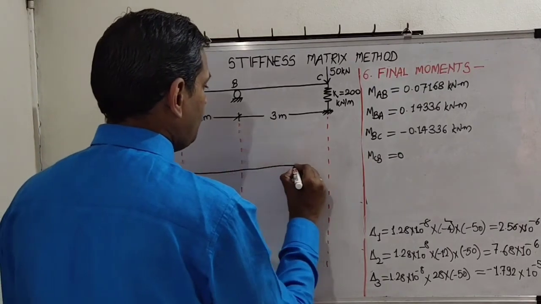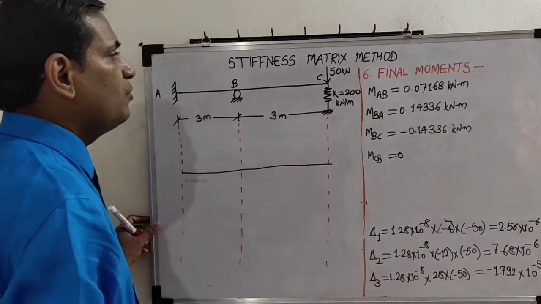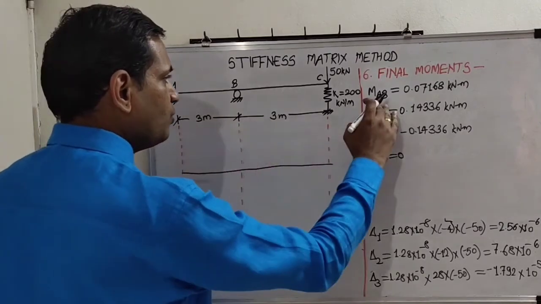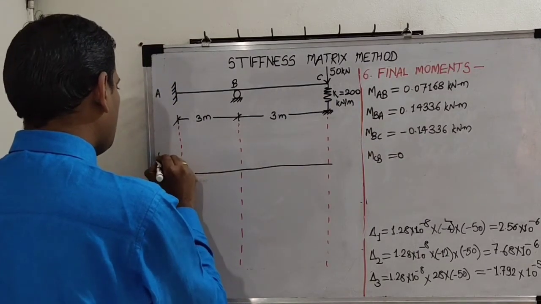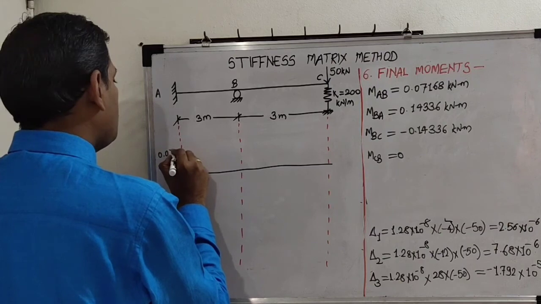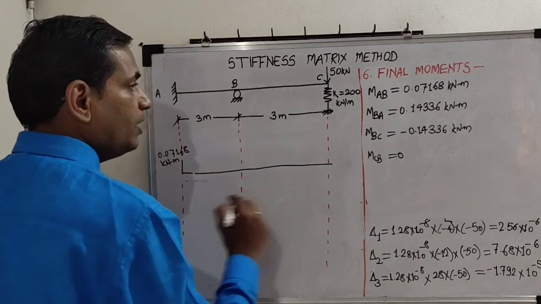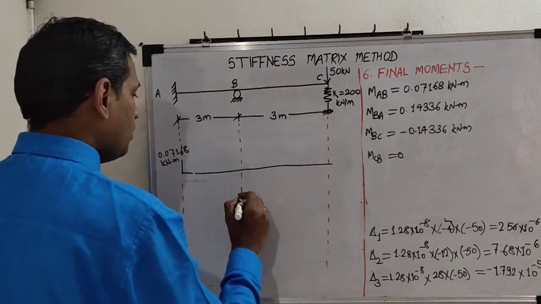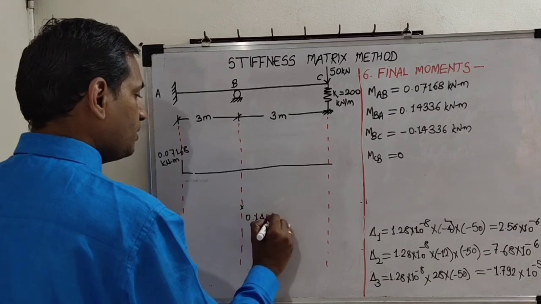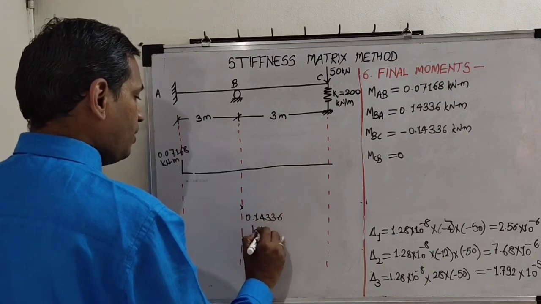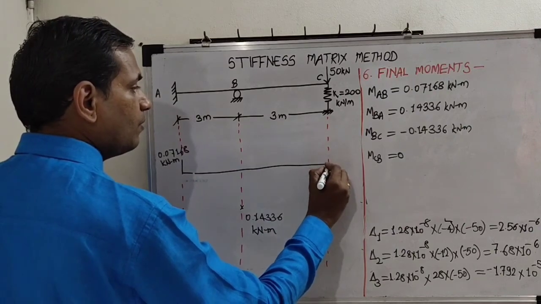Positive values will be plotted above the reference line, negative values will be plotted below the reference line. So MAB is plus 0.07168 kilonewton meter. Then minus 0.14336 kilonewton meter, and then 0.